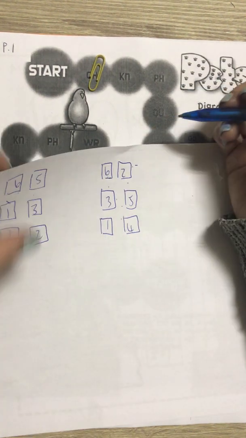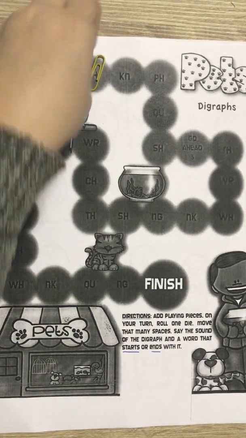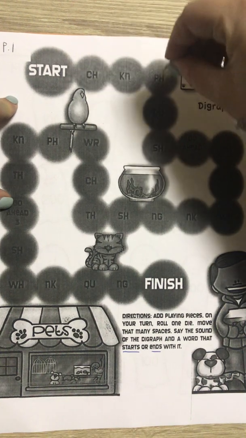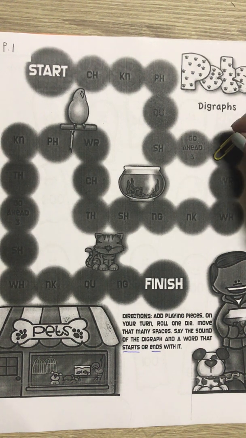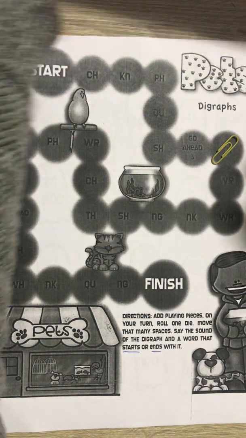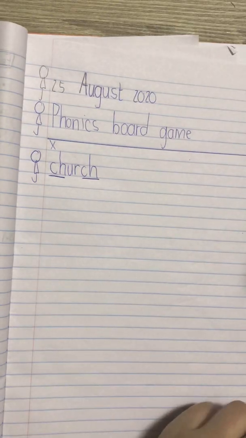Ha, 6. Cool, I have to move ahead 6 spaces. 1, 2, 3, 4, 5, 6. And I know it's very dark, but I think you guys can read it. I landed on the th, which is a f sound. So I say the sound, and now I have to go write a word that starts or ends with it.